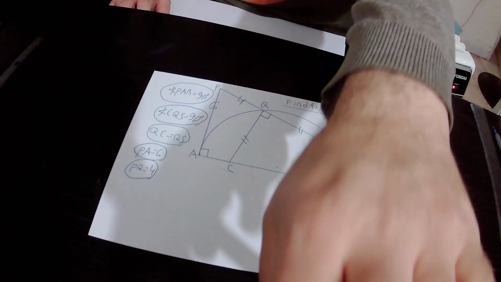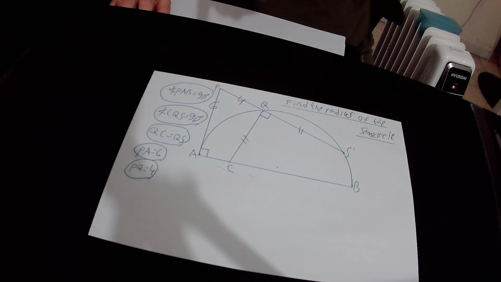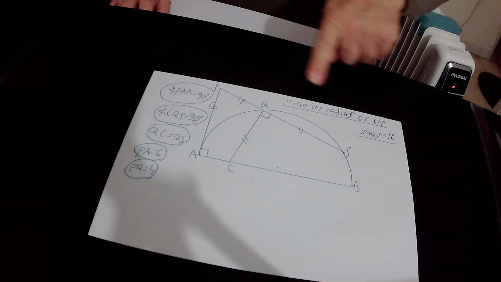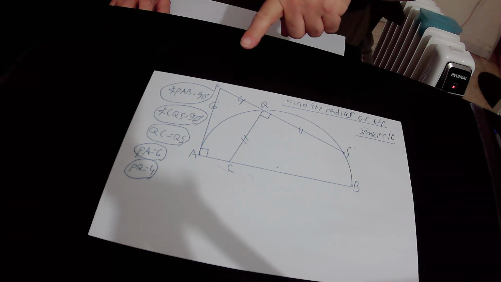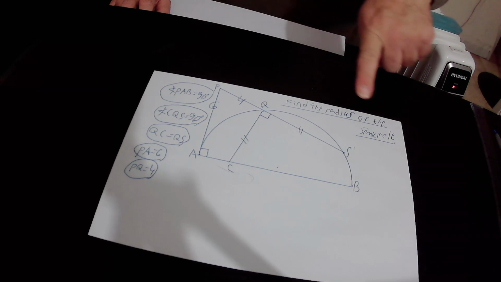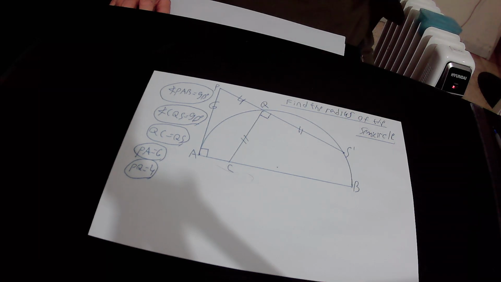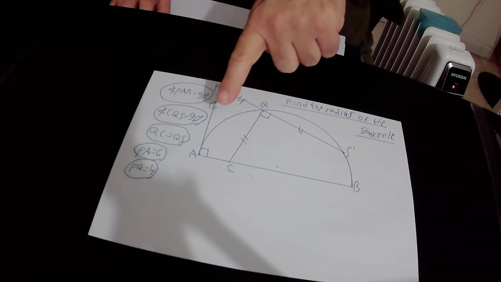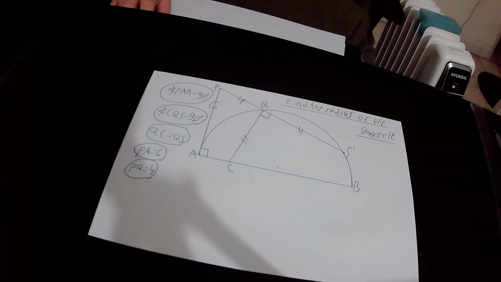Now, in this lecture, we'll find out the radius of the semicircle. In the drawing, we have a semicircle and the line segment PS cuts the semicircle at points Q and S, and PA is tangent to the semicircle at point A. Point A is the point of tangency.